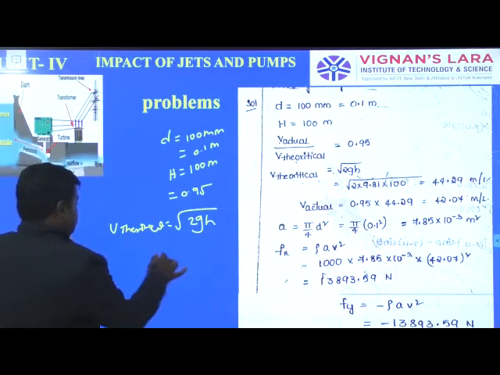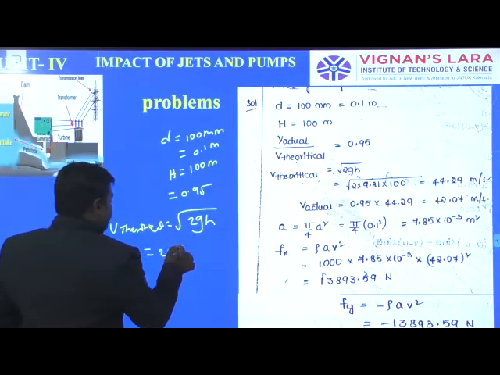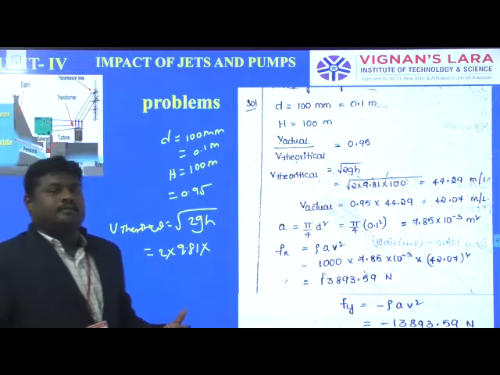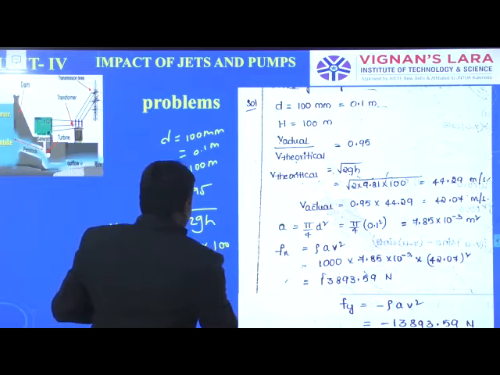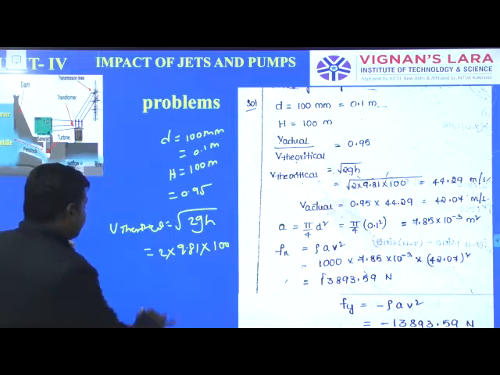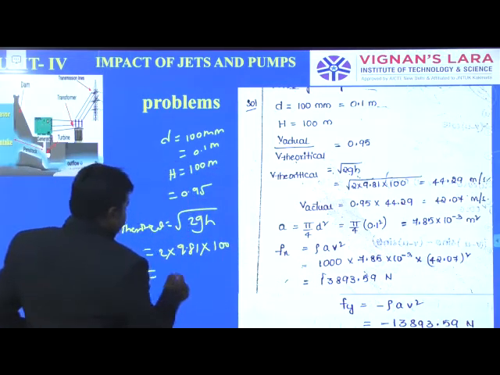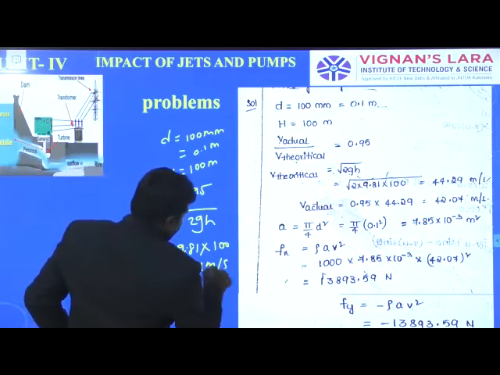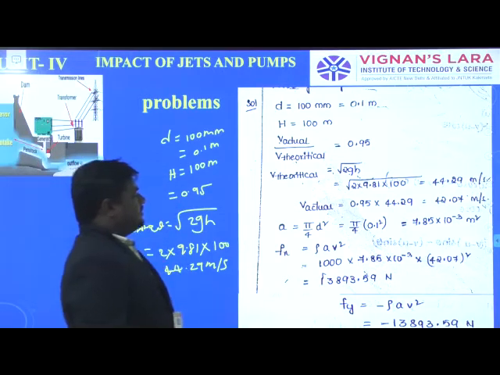Then we solve here: 2 into g, the gravitational acceleration, that is 9.81, and the height given is 100. We substitute these values in the equation. Then we get the value of 44.29 meters per second. So that is the theoretical velocity.